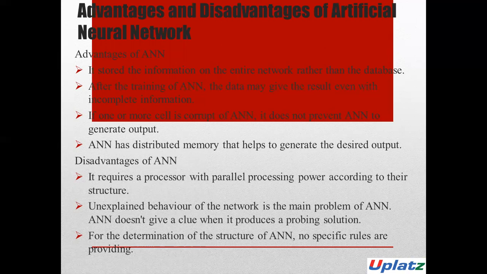If one or more cells of the ANN become corrupt, it does not prevent ANN from generating the output. ANN has distributed memory that helps to generate the desired output. ANN can make a machine learnable. ANN has a parallel processing capability, which means it can perform more than one task at the same time. So these are the advantages of ANN.